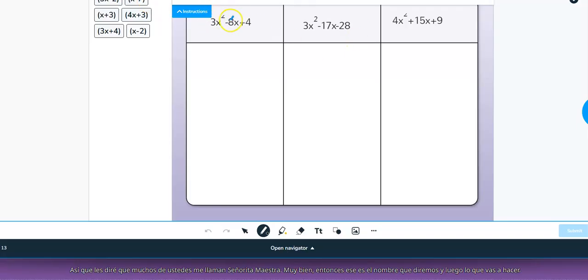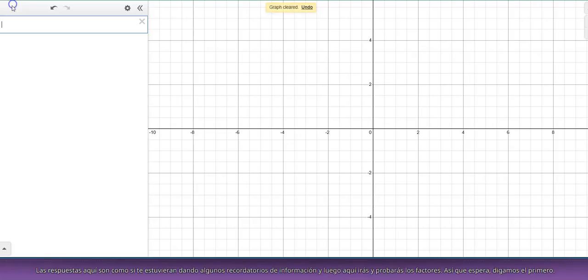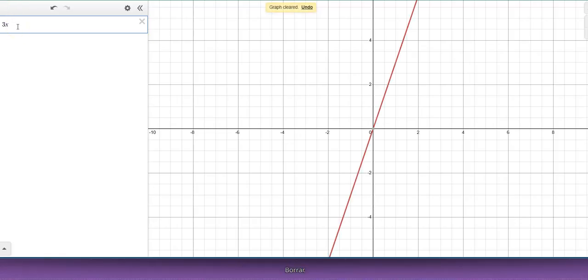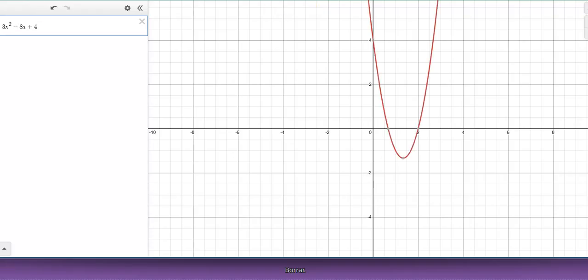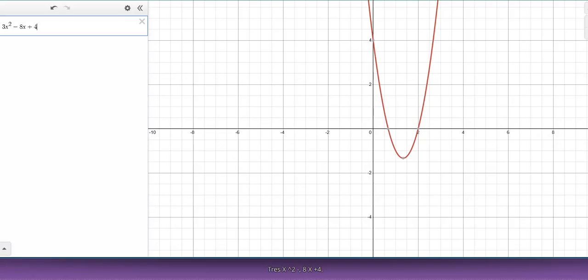So let's say our first question was 3x squared minus 8x plus 4. And we want to know if any of these other choices go through.